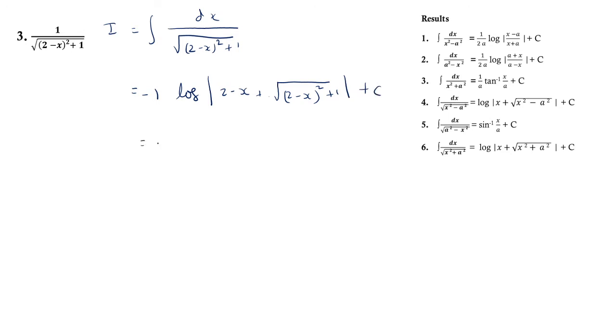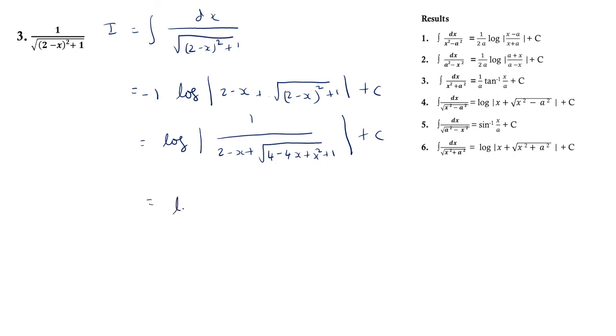So this is equal to, we know that minus log a is equal to log 1 by a. So this is equal to log of 1 divided by 2 minus x plus, let me expand this, square root of 4 minus 4x plus x square plus 1, plus c.